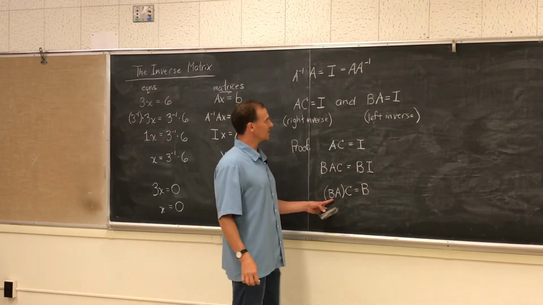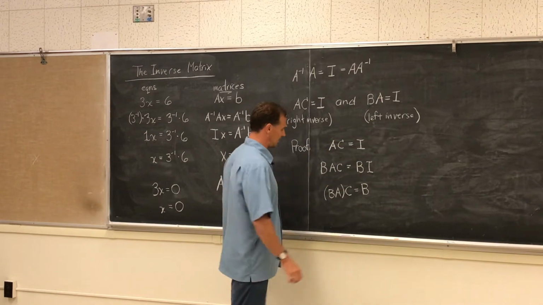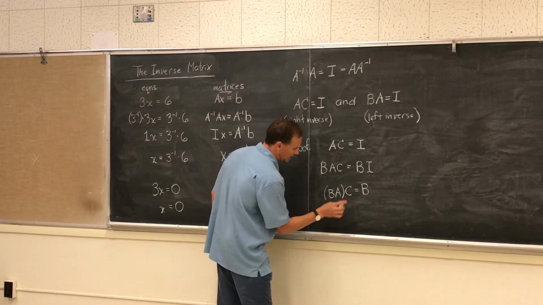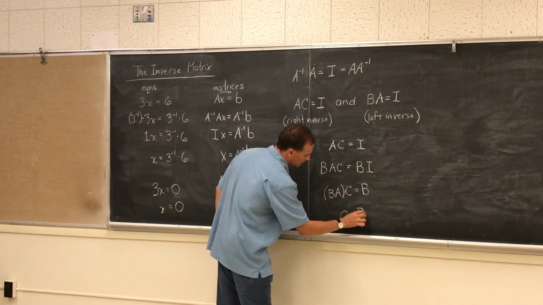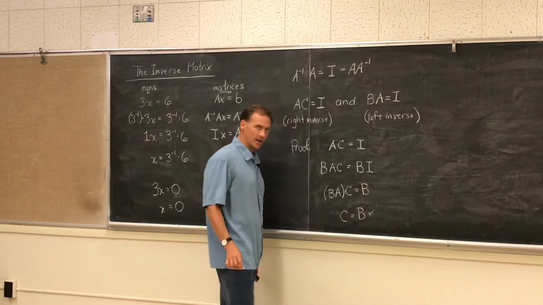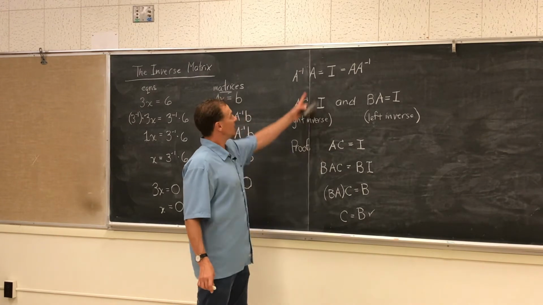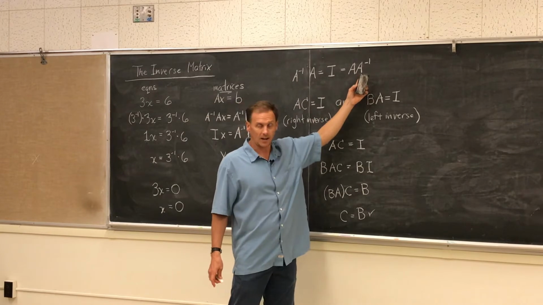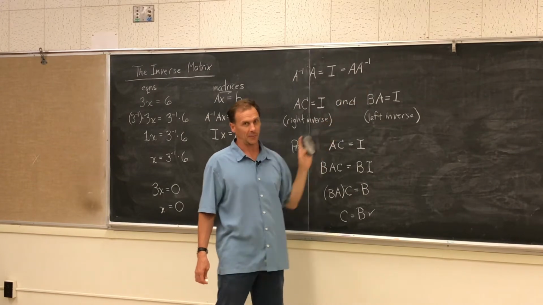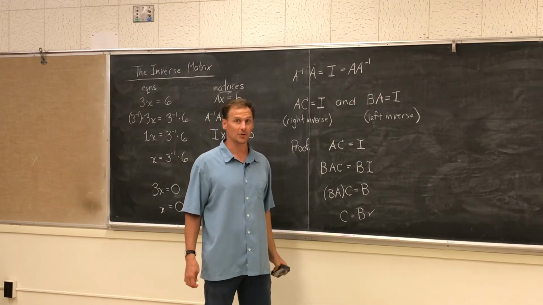This gives us B times A, but B times A is I. And I times C, that's just C. And sure enough, what this means is that A inverse on the left is the same as A inverse on the right. Okay, there's our first property of the inverse matrix.